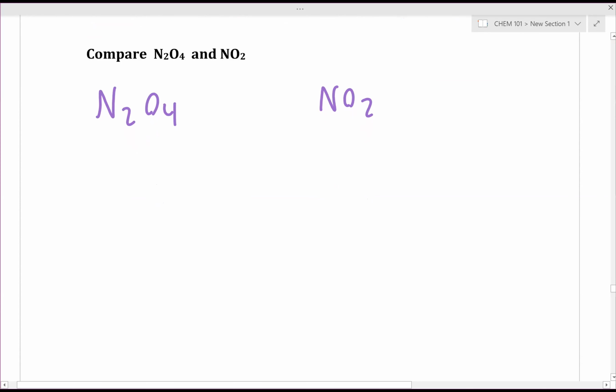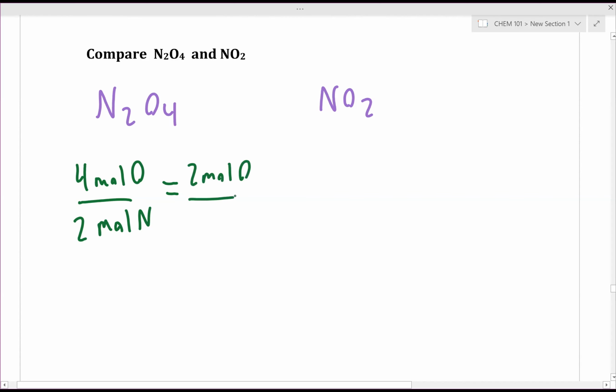Yep. So we have 4 moles of oxygen per how many moles of nitrogen? 2. So 4:2 ratio. That can be simplified to 2:1. So we have 2 moles of oxygen per 1 mole of nitrogen. So that would give us an empirical formula of NO2.